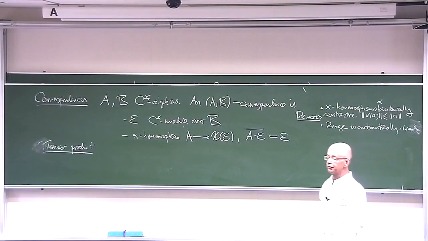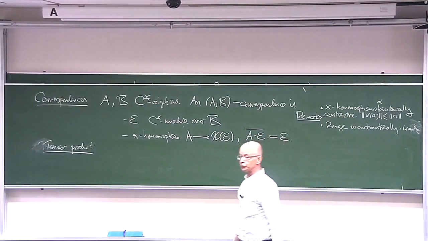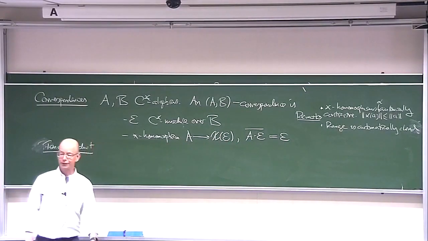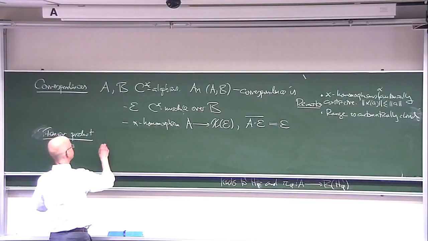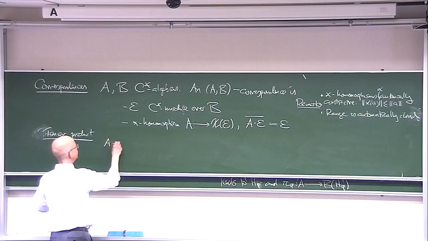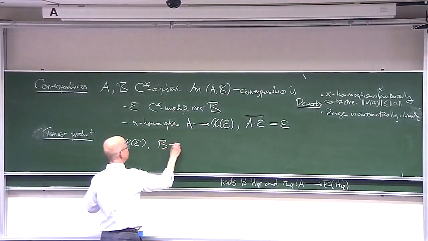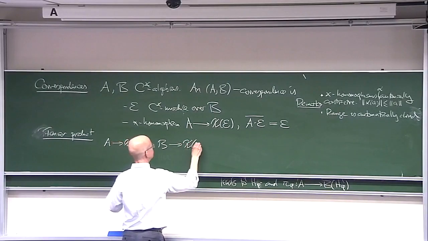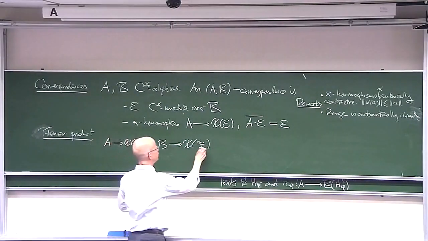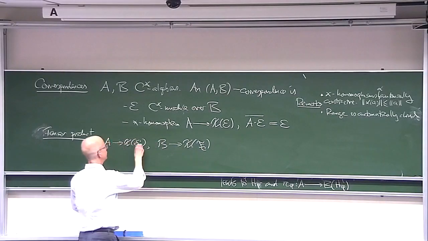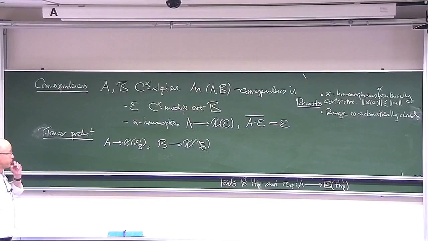You should think of a correspondence as a sort of map from A to B, as I'll illustrate in an example in a little while. But if I have two such fellows, A mapping into the compact operators on E, and B mapping into the compact operators on F, so the F here should be a C-star module over C, and E should be a C-star module over B, like that.